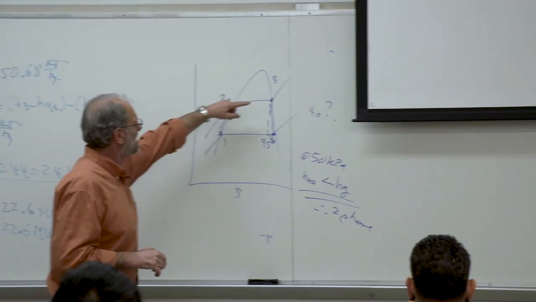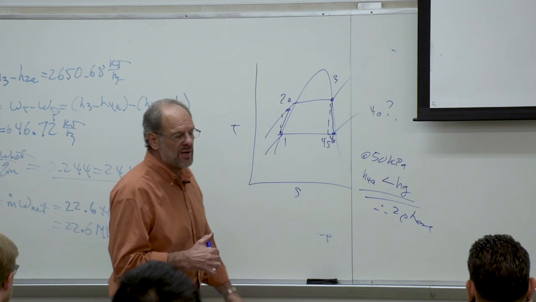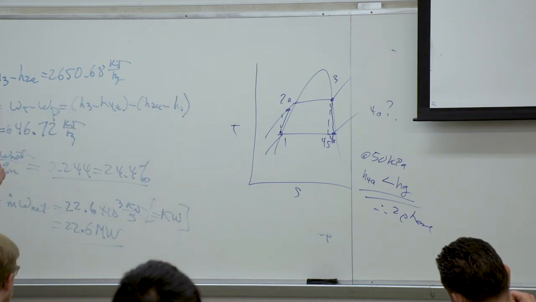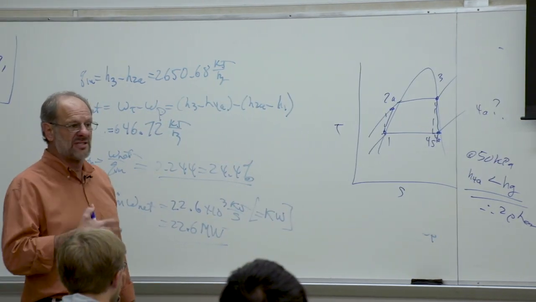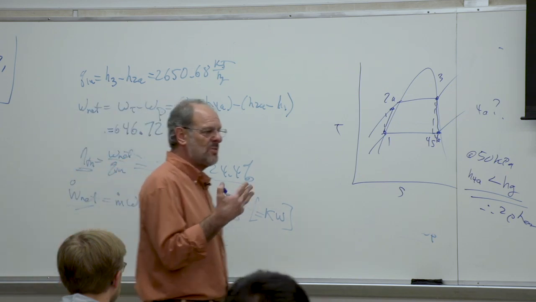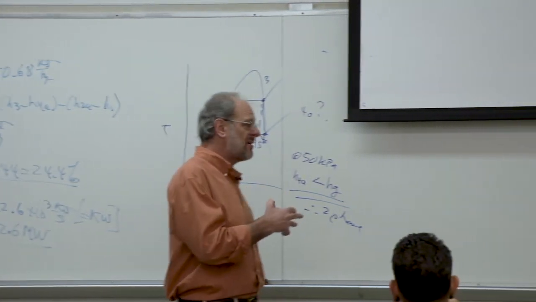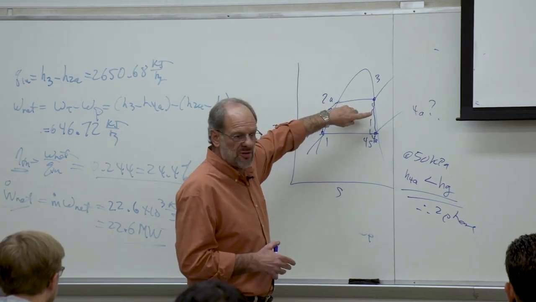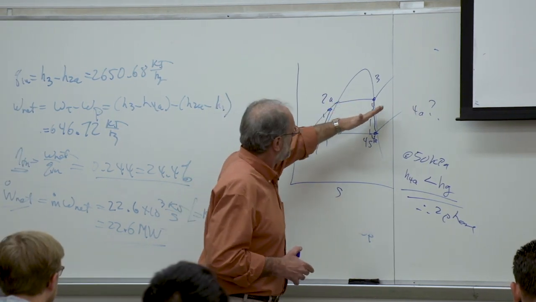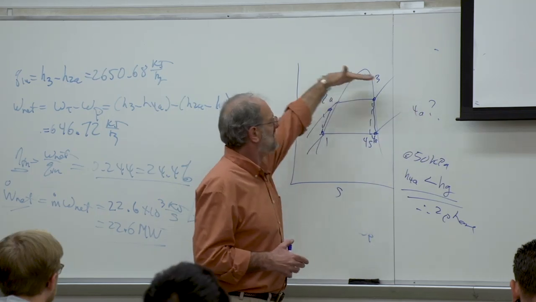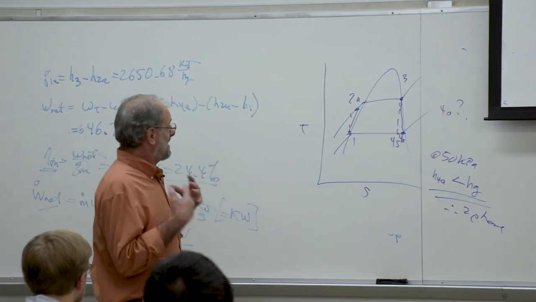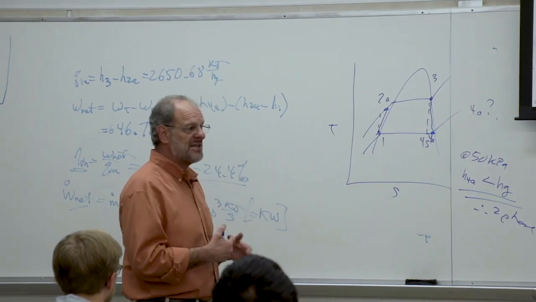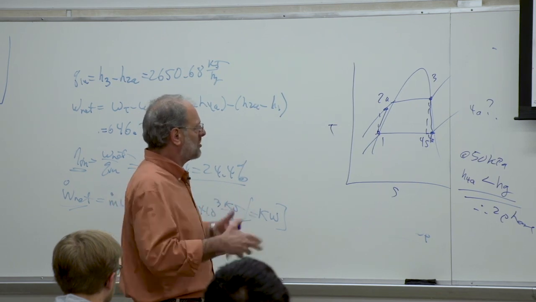However, we can increase the work output if we do work output in stages, similar to what we saw for the Brayton cycle. We'll allow an expansion process down to some intermediate pressure, and then reheat back up to some elevated temperature, and then allow the steam to pass through a second turbine in order to produce more work.